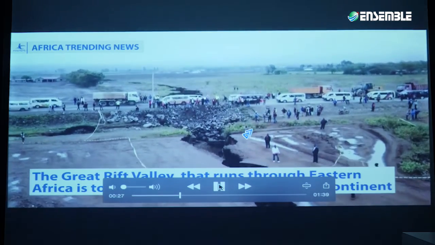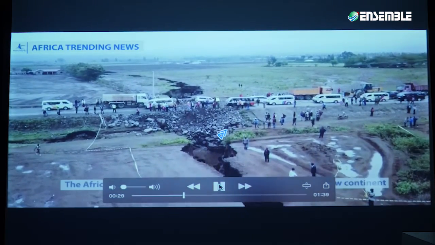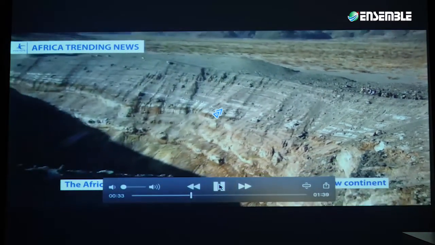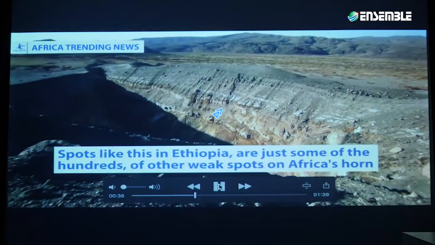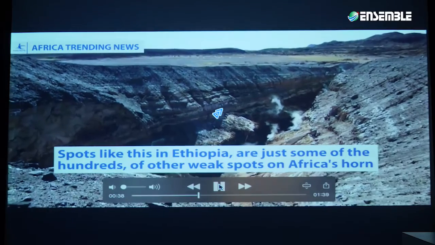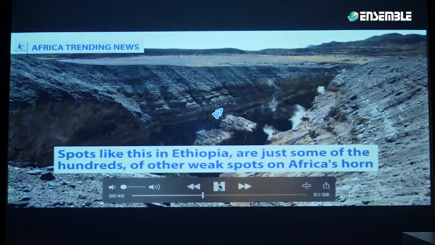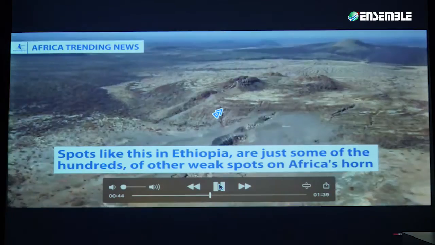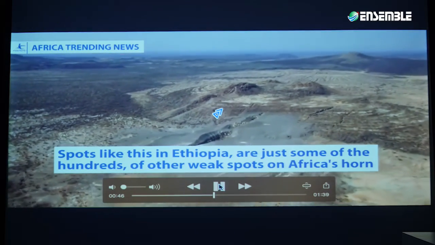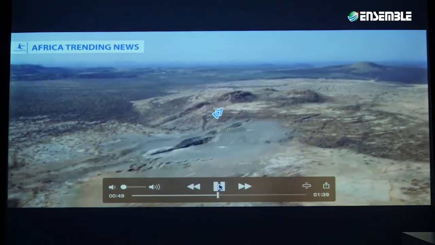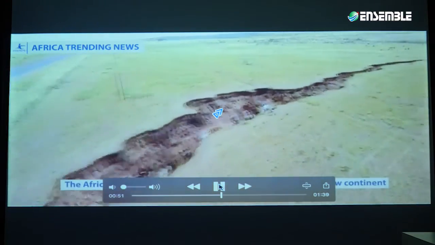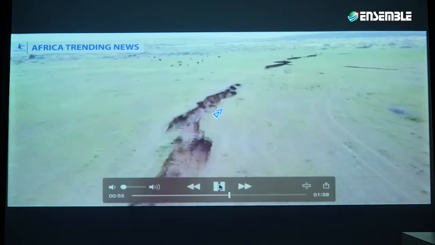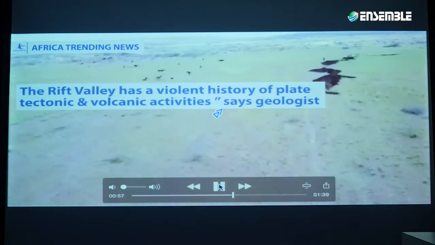This is a live picture picked up from Africa, and see the way that the cracks have developed in this region. Now, that is one of these cracks, and deep beneath it, these are types of spots from where some smoke and other things have started coming up onto the surface. There are only some of them, these types of spots. Take a look at the type of crack that is developing all the way.